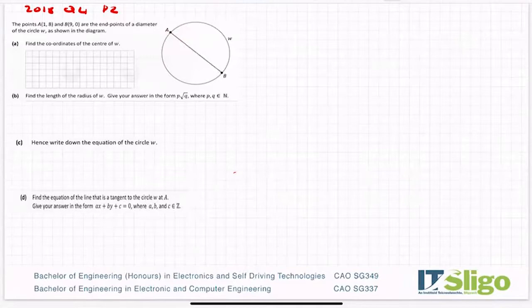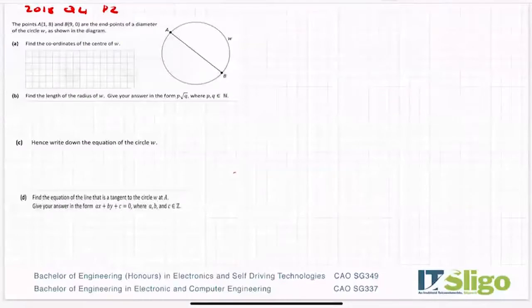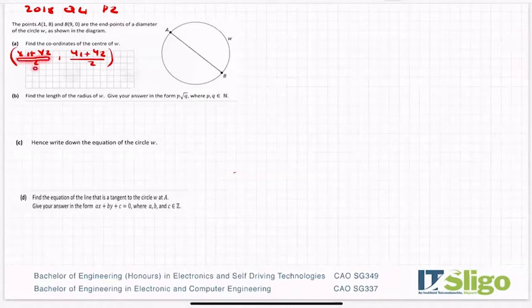A tangent is a line, so there's a lot of the line in the circle chapter. So anyway, to find that, we will use the midpoint, x1 plus x2 over 2, y1 plus y2 over 2. And the midpoint formula is no more than find halfway between the x values, find halfway between the y values.